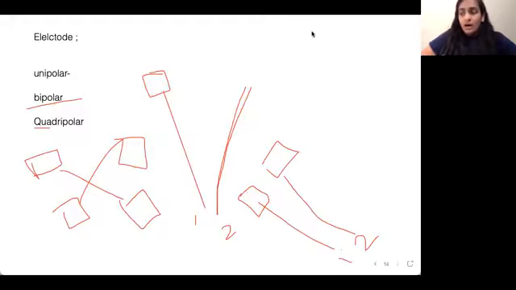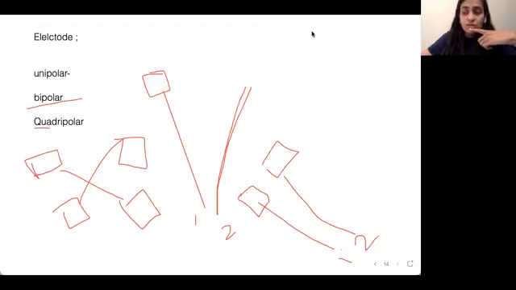Now, we already discussed this: if you want the current to go deeper, you're going to increase the distance between your electrodes. What is the minimum distance between the electrodes? The minimum distance between the electrodes is at least the diameter of one of the electrodes, right?